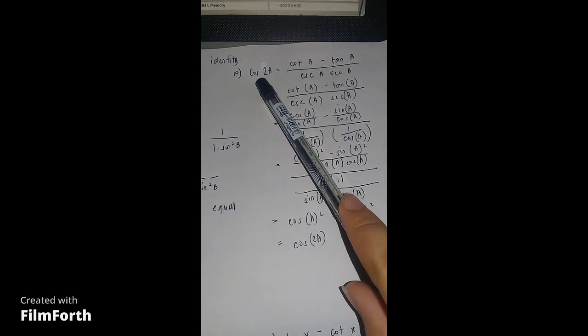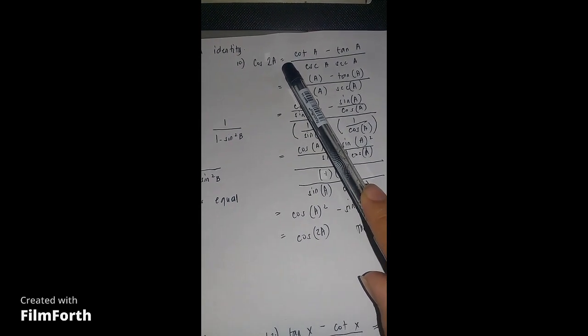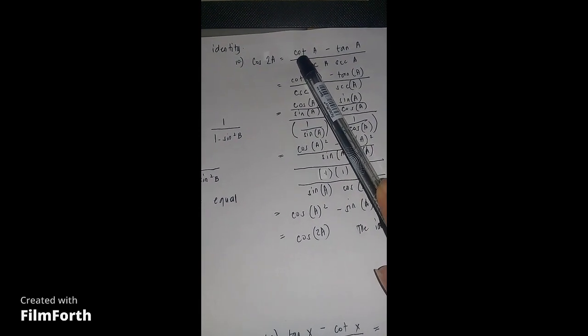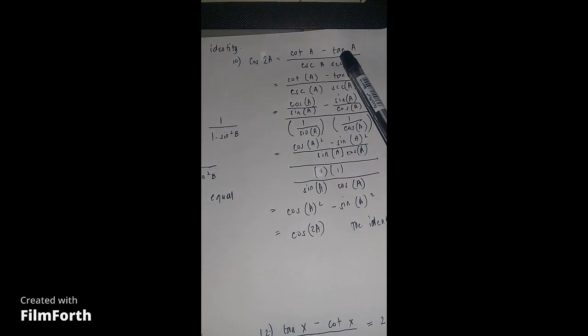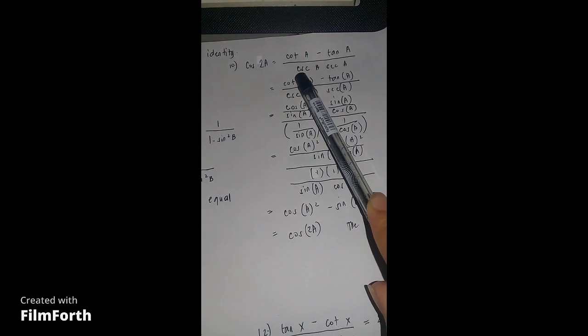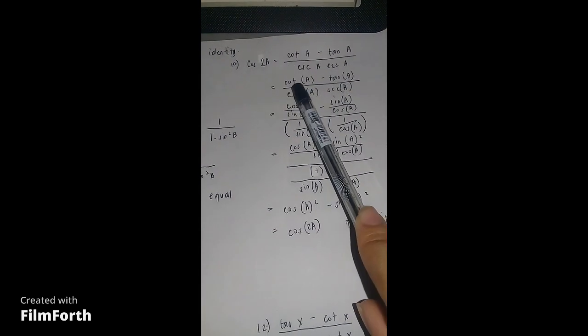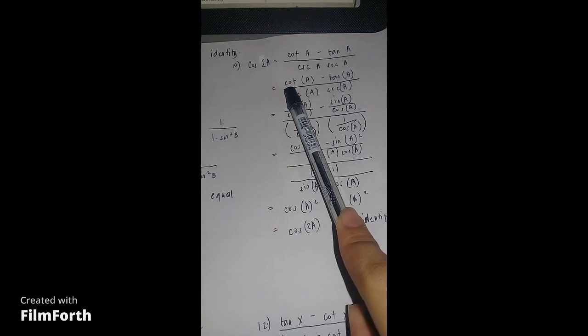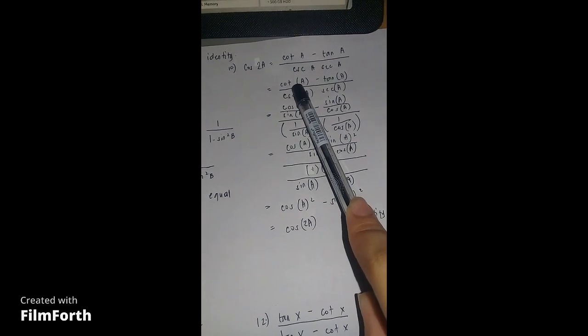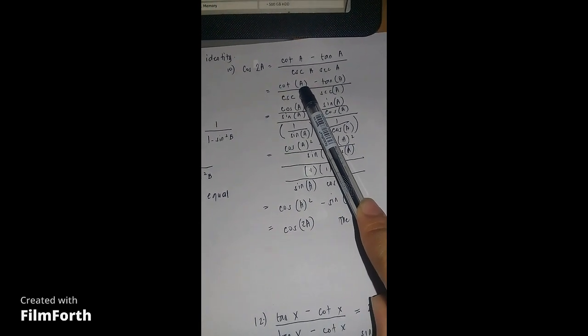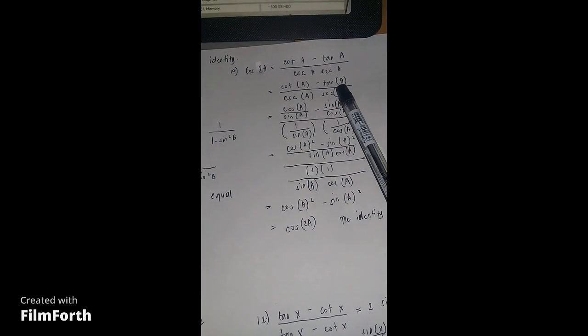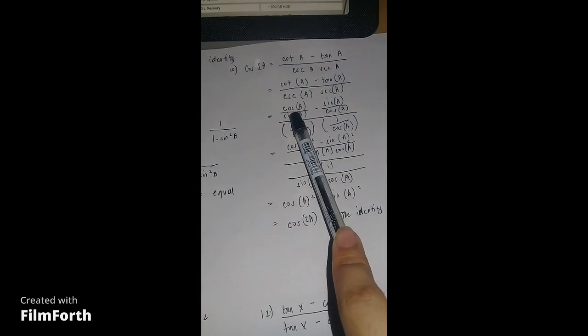So we have here cos 2A is equal to cotangent A minus tangent A, cosecant A, secant A. So copy the cotangent A. We just put the quantity here and here too.